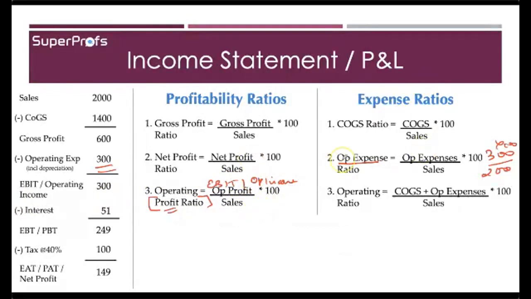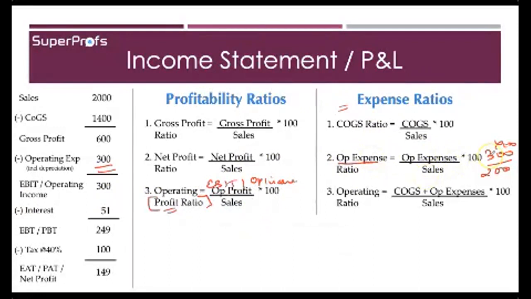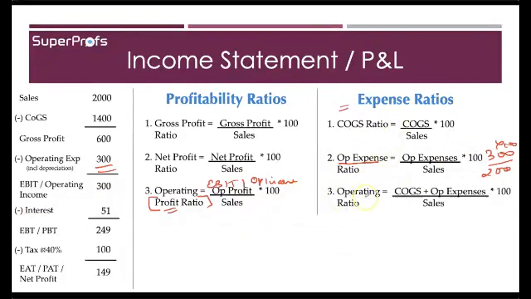The second ratio is an expense ratio, which is the operating expense ratio. Again, as the name suggests very clearly, here you have to take the operating expenses, divide them by sales and multiply by 100. However, the third kind of expense ratio is the operating ratio, and this means you take both the costs, both the kinds of expenses, that is cost of goods sold and the operating expenses, and then you divide them by the sales and you will get your value.